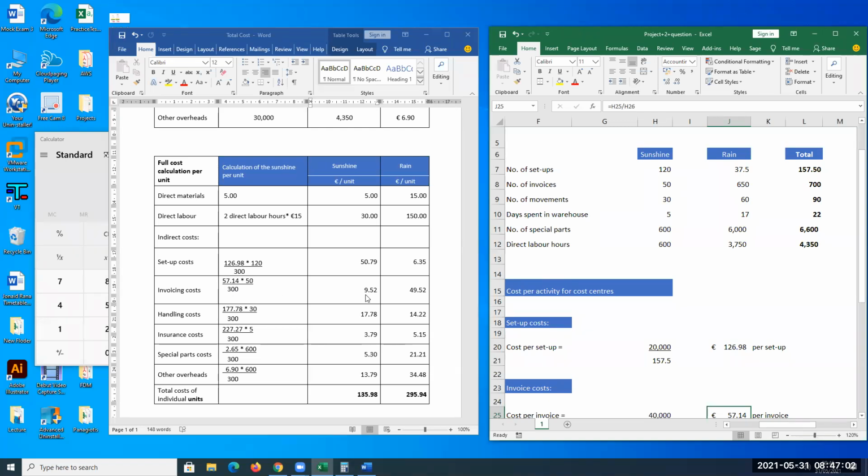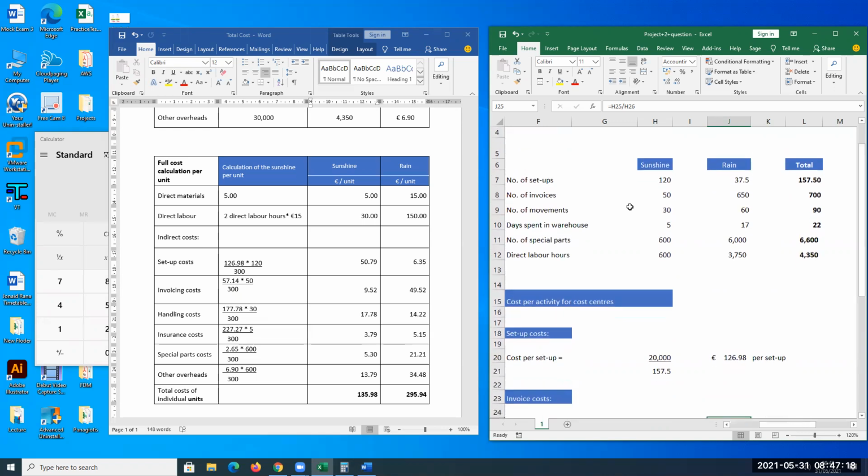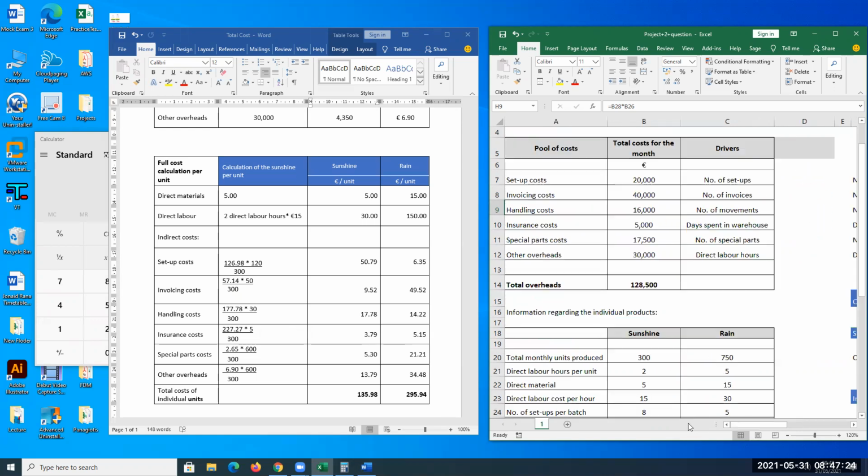So this is the per unit cost. Same with the handling. Handling cost is 177.78 per movement. So 177.78 multiplied by how many movements for sunshine? 30. So multiply by 30, divide by units produced. Units produced, 300, is given in the table. So divide by 300. This is the answer for sunshine.